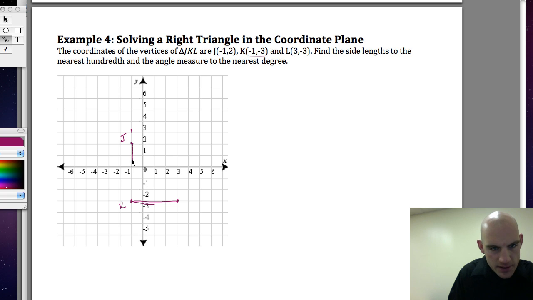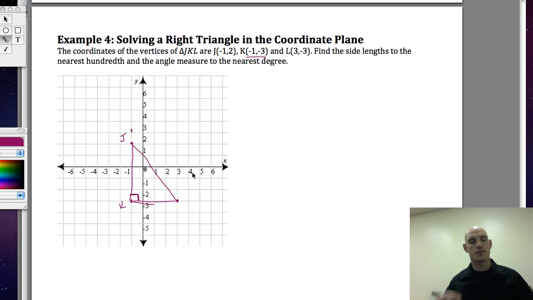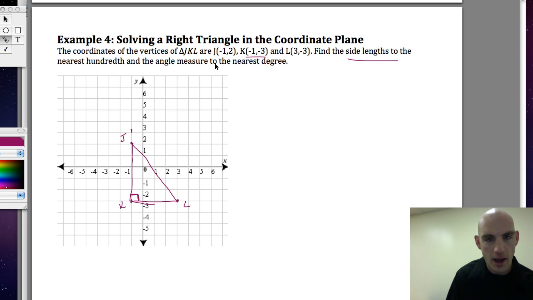Okay, let's look at how this ends up. When I connect the dots, and it's very sloppy because it's hard to draw straight lines with this thing, I have a right triangle here, and so when I'm going to find all the side lengths and the angle measures, I already have one.